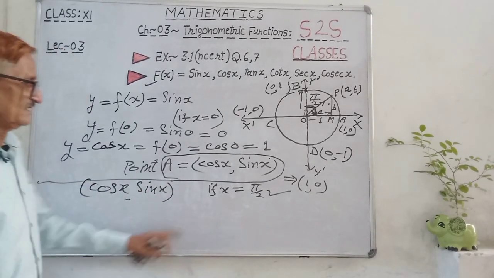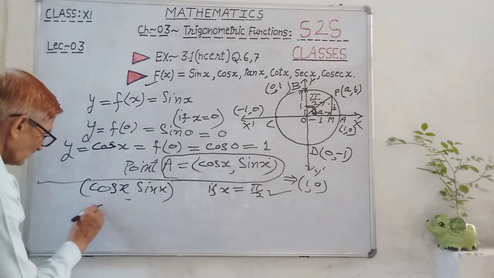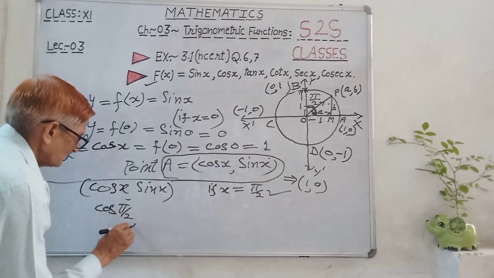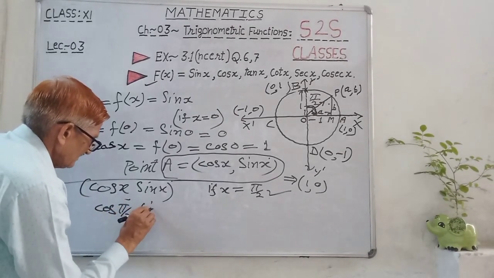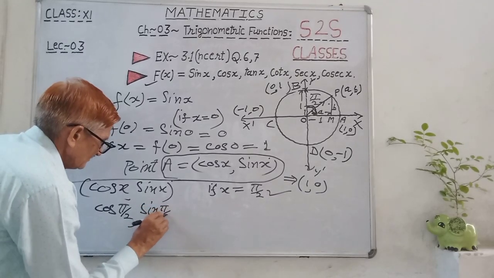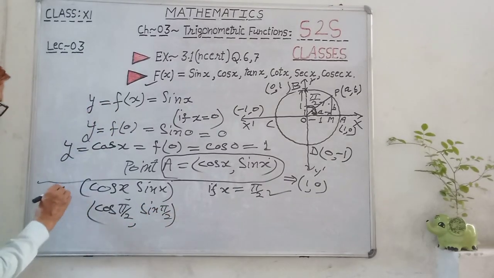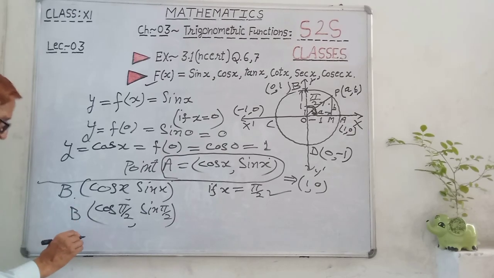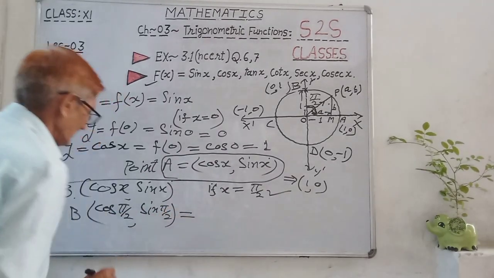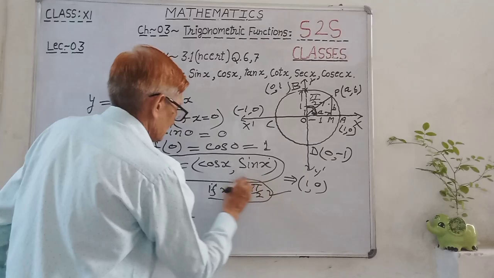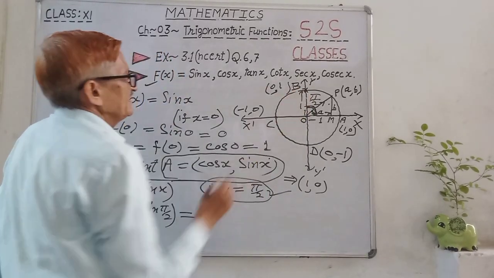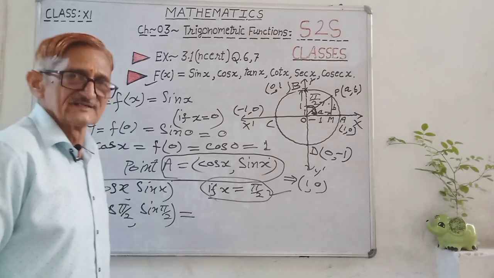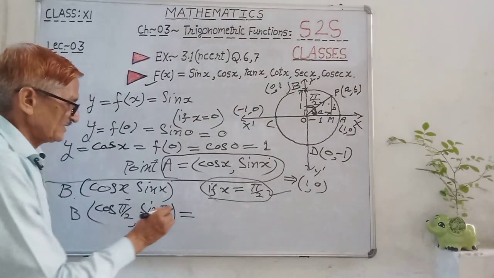So x is π/2, so you put here cos π/2 comma sin π/2, ओके. ये कौन सा पॉइंट है? पॉइंट B, ओके. सो दिस पॉइंट B विल बी इक्वल टू, बिकॉज इफ x इज π/2 देन पॉइंट इज B पॉइंट पर है, ठीक है. तो देन cos π/2 कितना होता है?